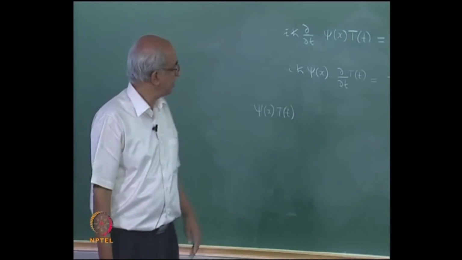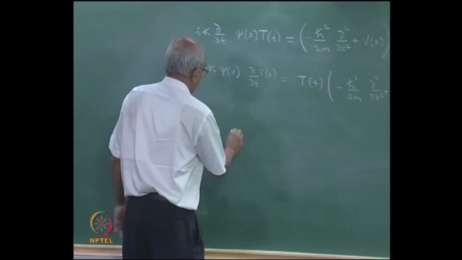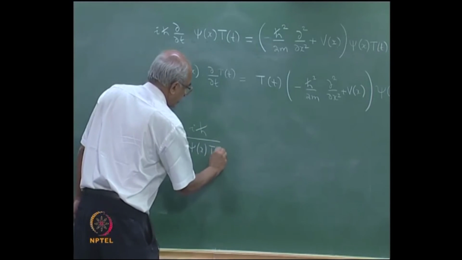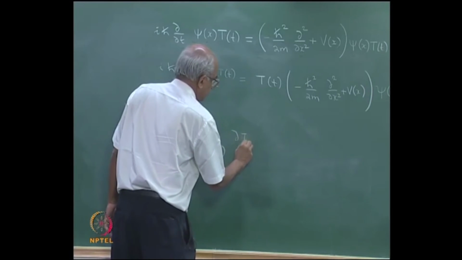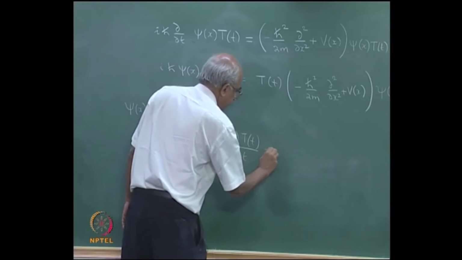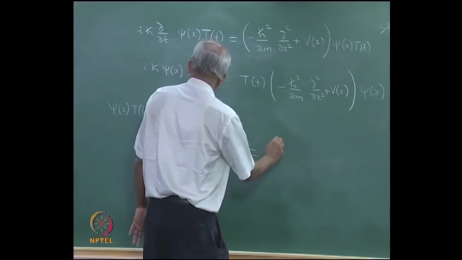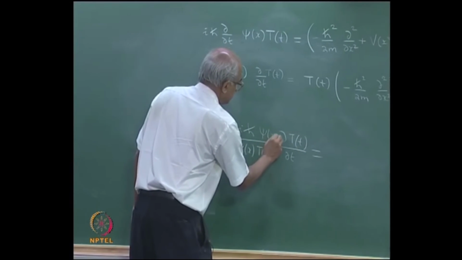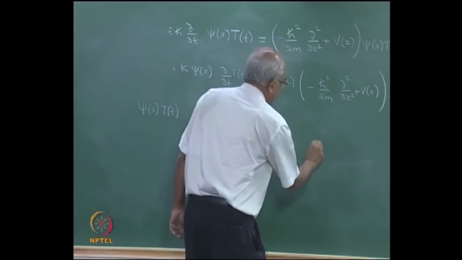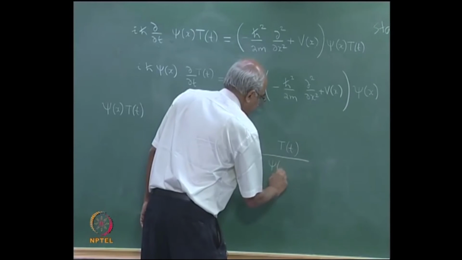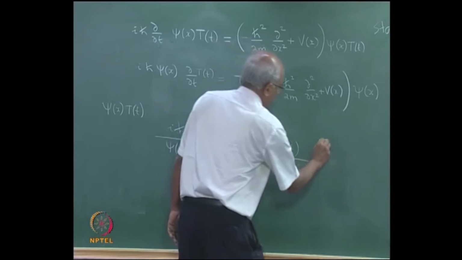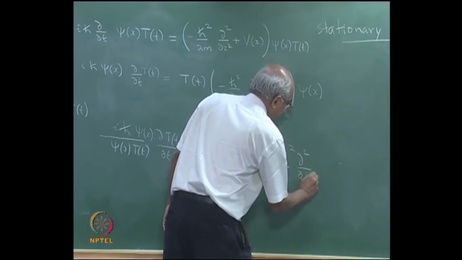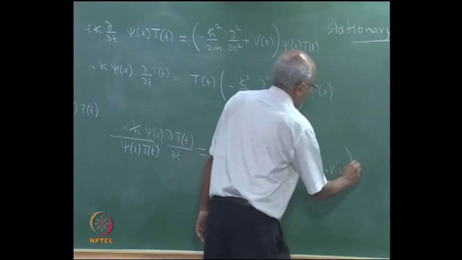Suppose I divide throughout by this, then what is going to happen is you will have iħ divided by psi of x into capital T of t, ∂T/∂t is equal to, well, I have made a mistake, there should have been a psi of x here, and on the right hand side you are going to get capital T of t divided by psi of x into capital T of t, then minus ħ² by 2m ∂²/∂x² plus V of x operating upon psi of x.